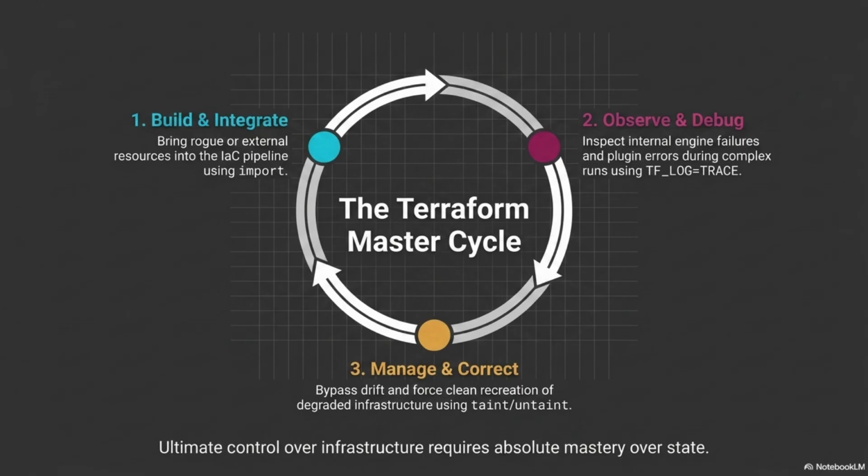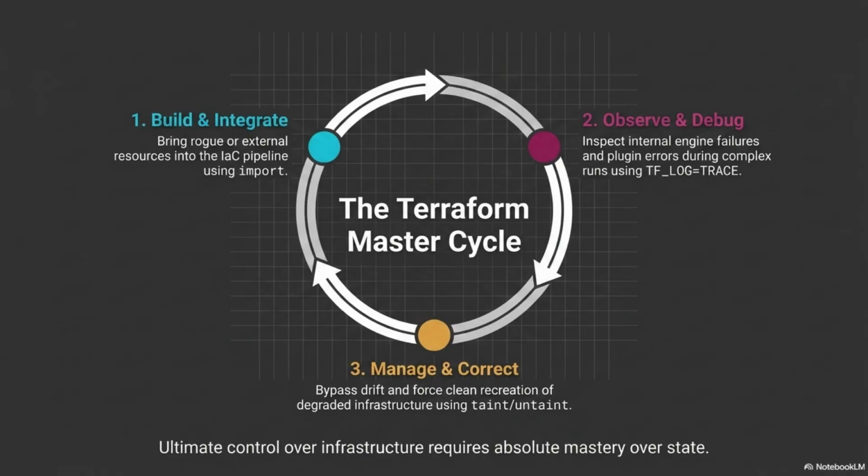The Terraform Master Cycle. Let's bring it all together, because everything we've covered today isn't a collection of isolated tricks. It's a continuous loop, a complete operational cycle. Step 1. Build and integrate. You bring rogue or externally created resources into the IaC pipeline using terraform import. No more shadow infrastructure.